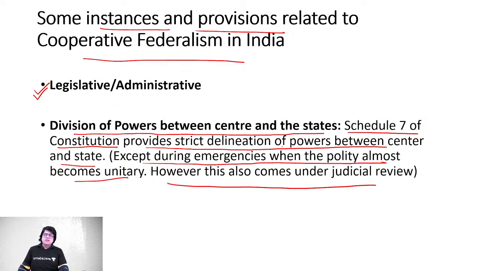So what I'm saying is that we have a constitution which has laid out in a very meticulous way the division of powers, and which has also ensured that the federal component of the constitution doesn't wither away and doesn't go away just like that.